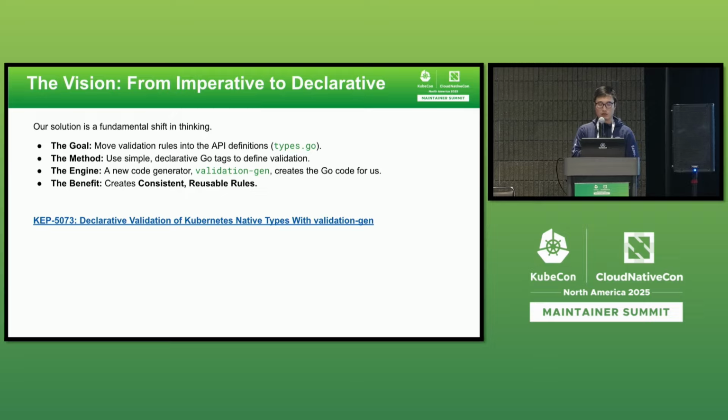So they add Go tags directly to the fields, and we created a new tool called validation-gen, which creates the Go code with the validation logic automatically. It results in consistent, reusable rules for all the APIs. So we put this into a KEP, called declarative validation for Kubernetes native types with validation-gen.